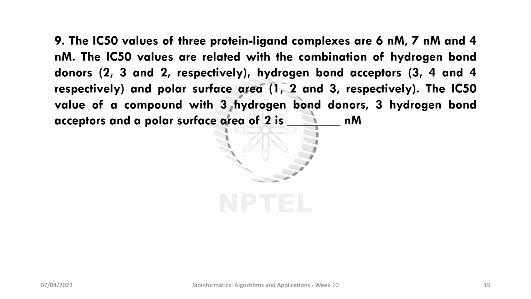So, on one hand, we have a measurable property of the protein ligand complex, which is IC50, and it is a function of three components as we see here. And what are those? Hydrogen bond donors, which I'm writing as HBD, hydrogen bond acceptors, which is HBA, and polar surface area, which I'm writing as PSA.